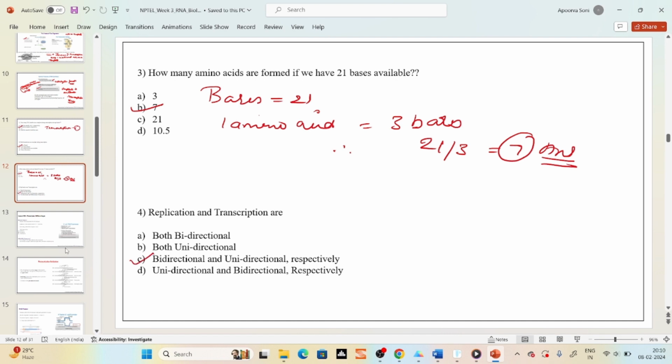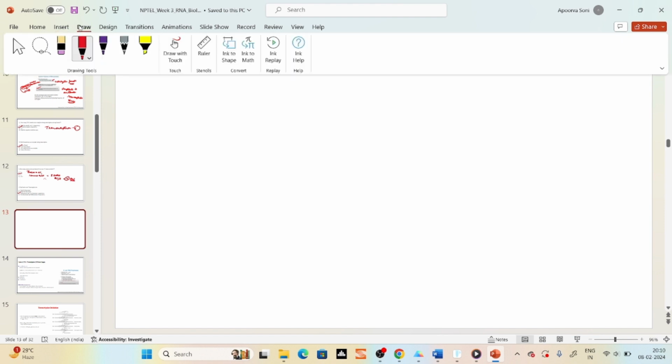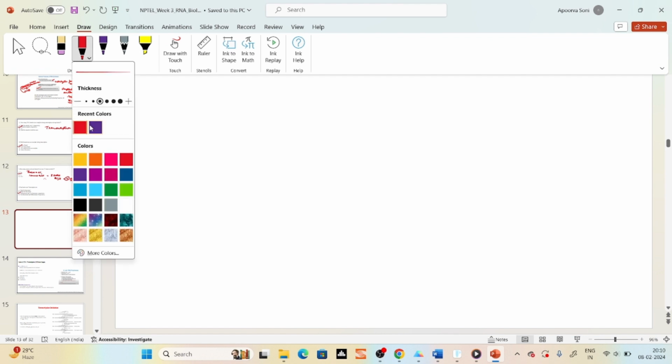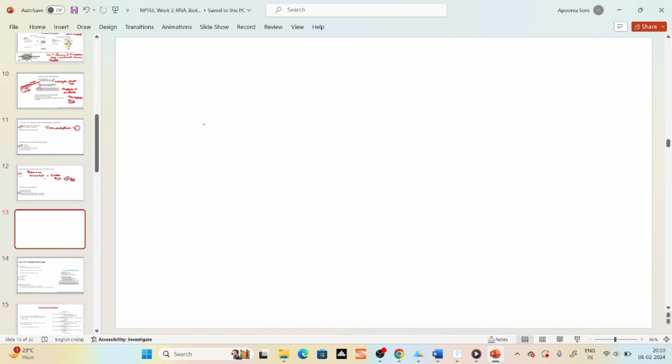Why do you think it is like this? Why is replication bidirectional and transcription unidirectional? The answer lies in the number of strands that are used as a template. Think about it, and then we'll also see. Think what can be the reason.